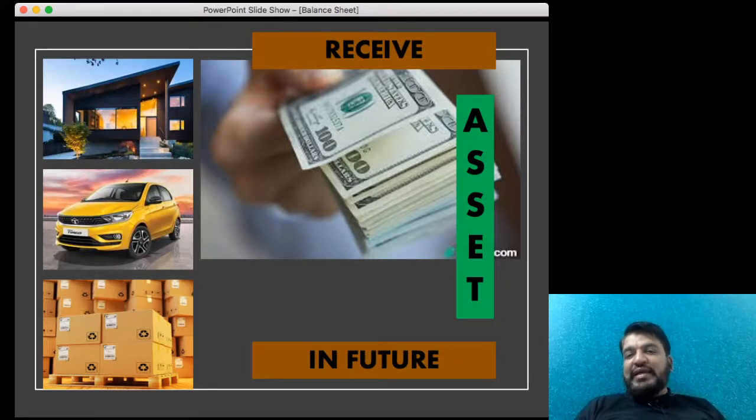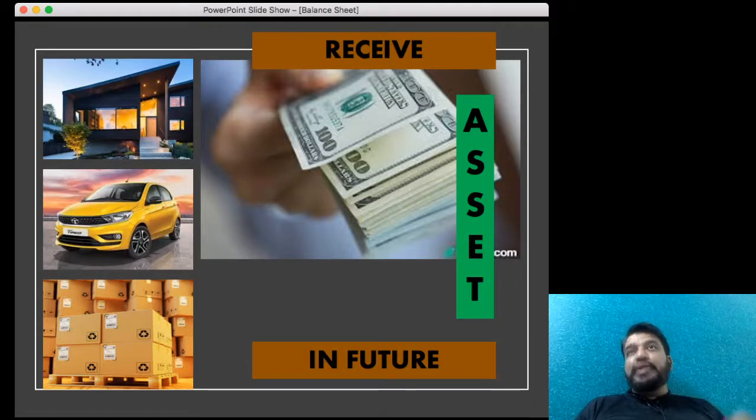So anything you own which can get you money, that is an asset. It could be a current asset or a fixed asset. In the next video, we'll look more deeply at what current assets and fixed assets are. But as of now, just understand any product or cash in any form which you own.